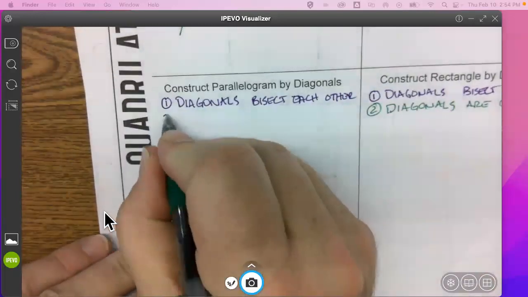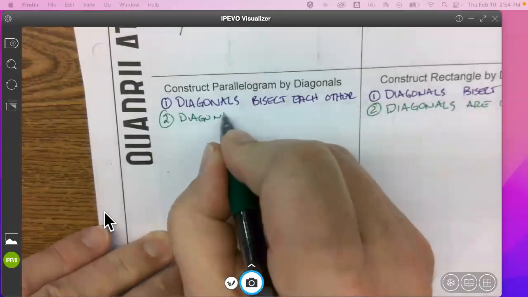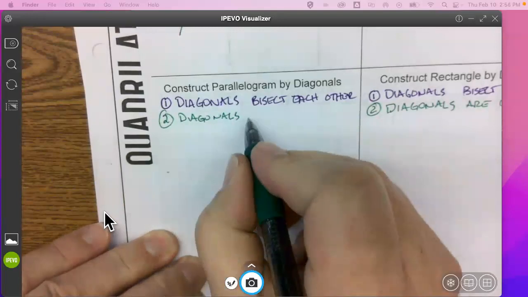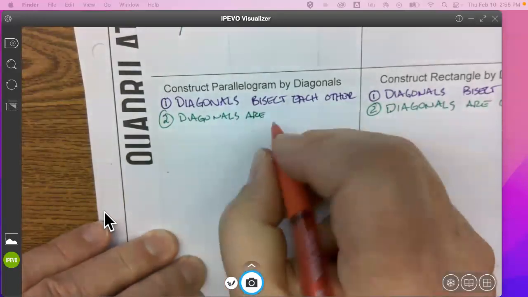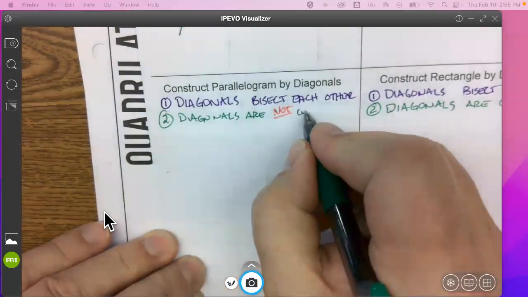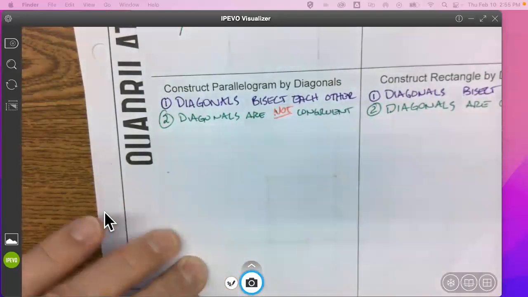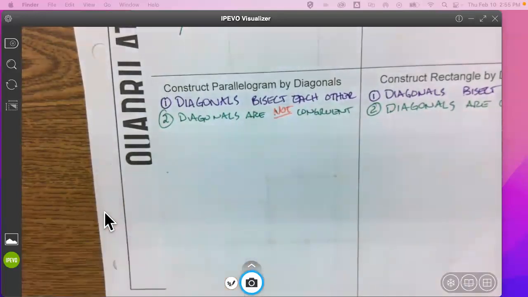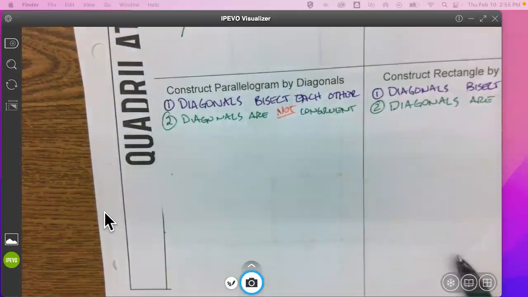In a parallelogram, diagonals are not necessarily congruent, I mean, I guess they could be, but if we're looking for a shape that is best classified as a parallelogram, the diagonals would not be congruent. So how can I get diagonals that bisect each other?